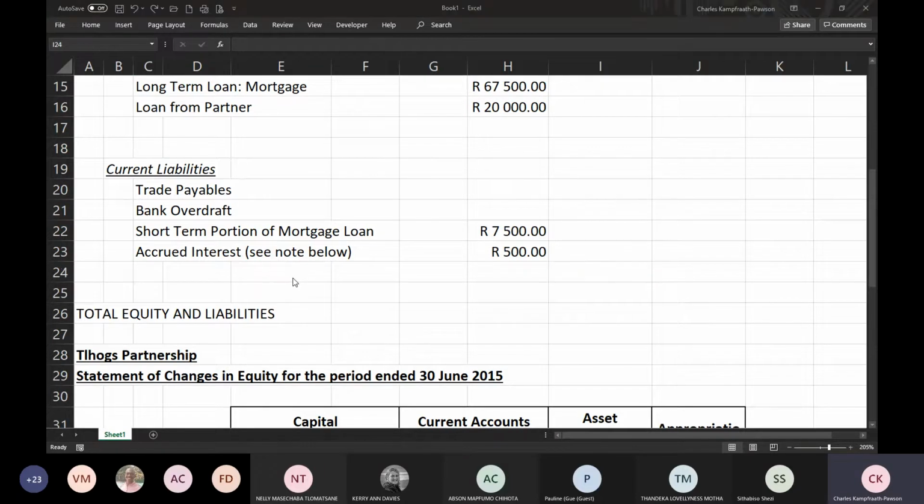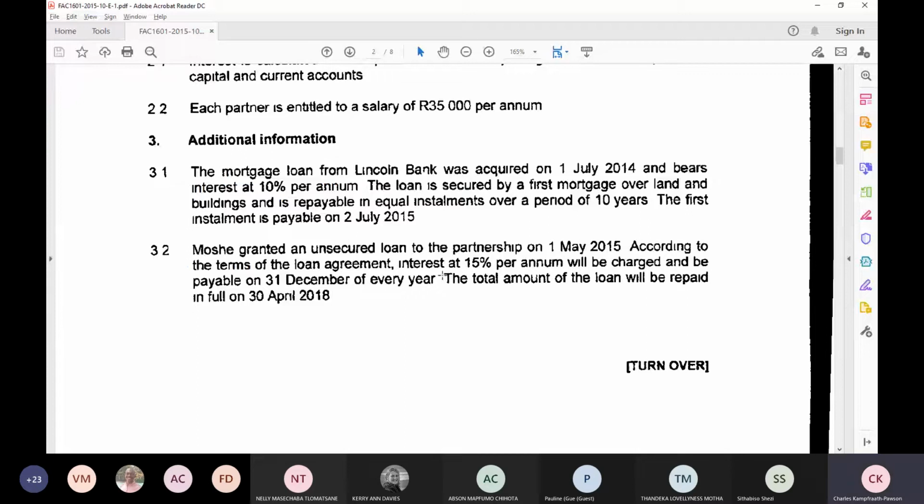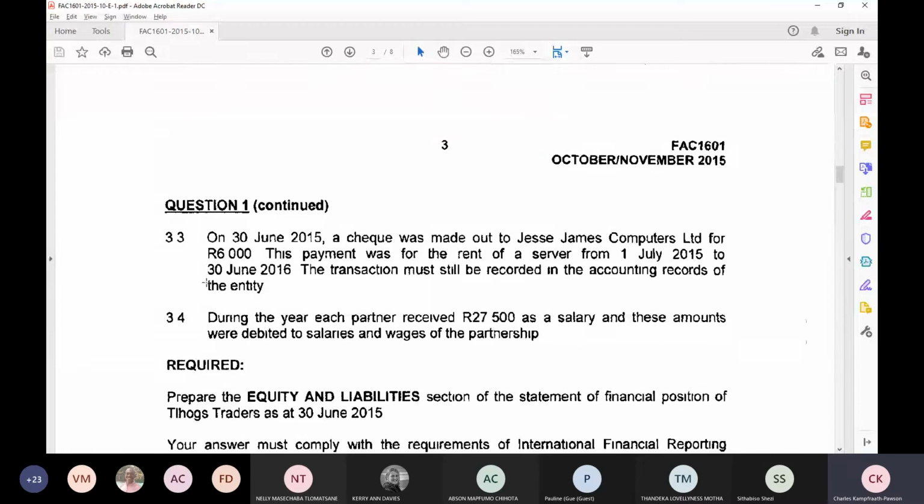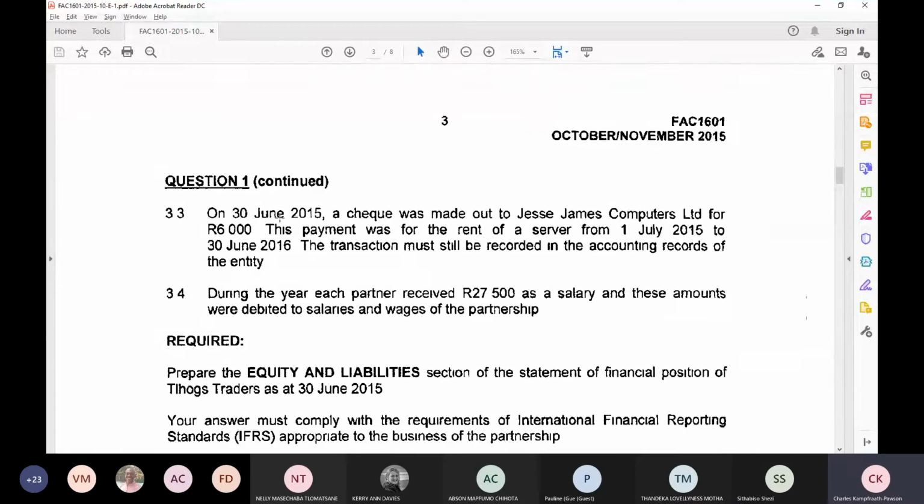Okay, let's go back to the question. Very important here, they say the total amount of the loan will be repaid in full on 30 April 2018. Then 3.3. On 30 June 2015, a check was made out to JC James Computers Limited for 6,000 Rand.